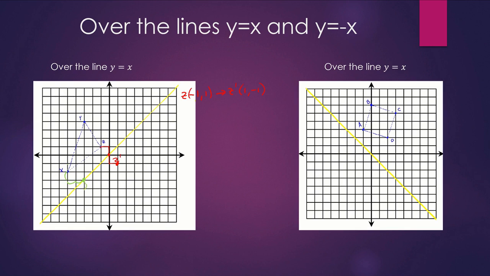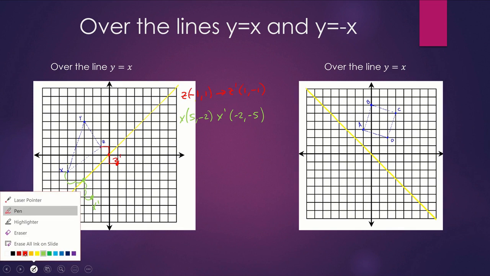That means I have to go down 2, 1 right. And that puts me at x prime. The original x was at -5, -2. X prime is now at -2, -5.